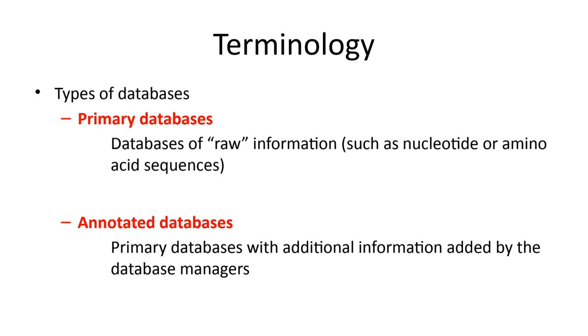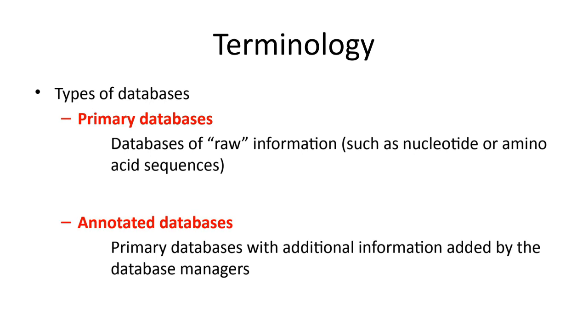When it comes to databases, they come in different flavors. We have things that are referred to as primary databases. In primary databases, the only type of information being stored is what we consider raw information. It has not been manipulated in any way.